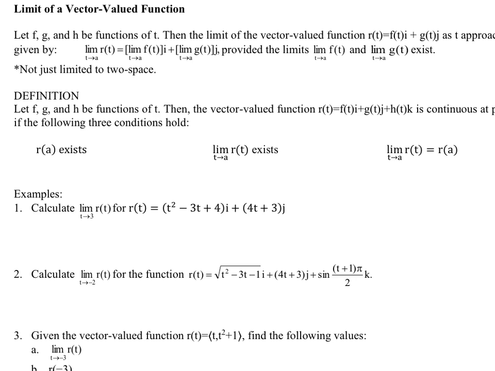Here it's just a matter of saying, I want the limit as t approaches 3. So I'm going to apply direct substitution. So it's going to be equal to 3 squared minus 3 times 3 plus 4 times i plus 4 times 3 plus 3 times j.